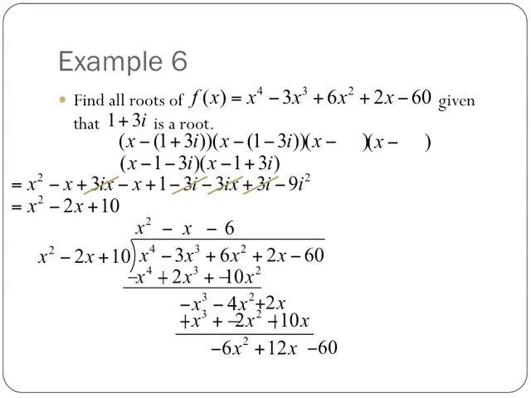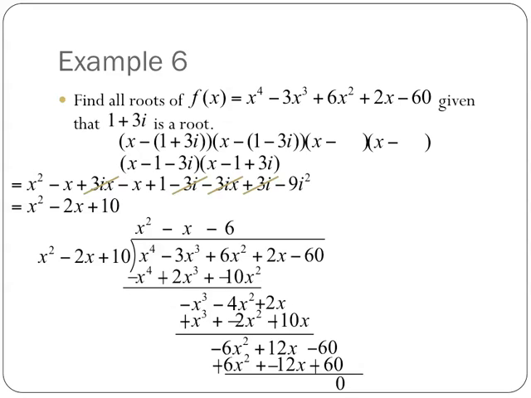So negative 6 goes up on top, multiply, we have negative 6x squared plus 12x minus 60, and subtract, change all those signs, and all of those should cancel out. That gives us 0 as a remainder, which is what we expect.